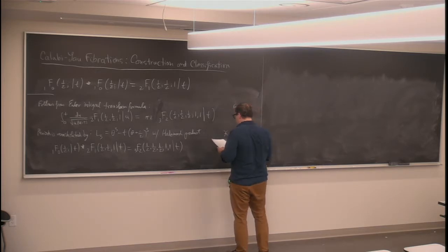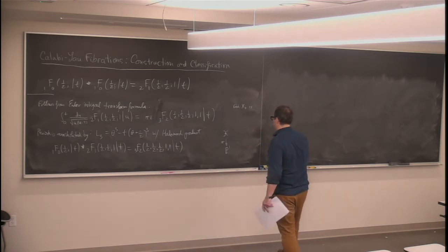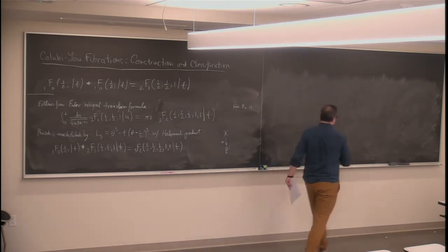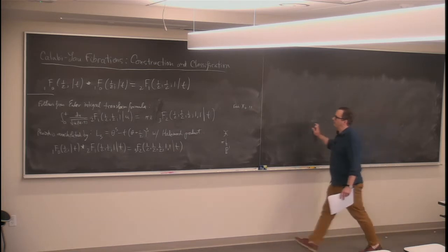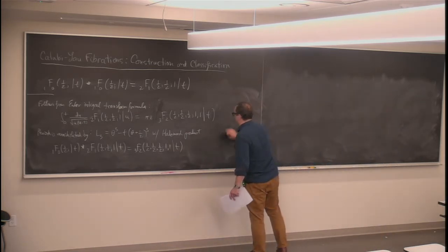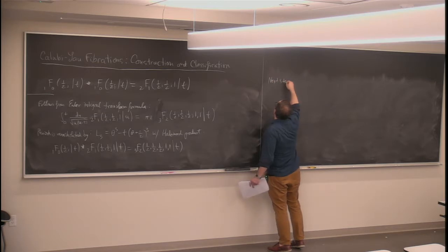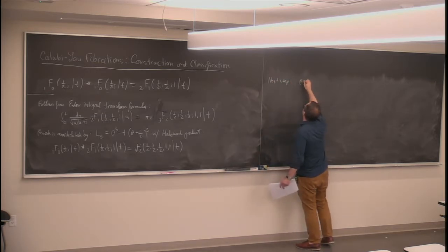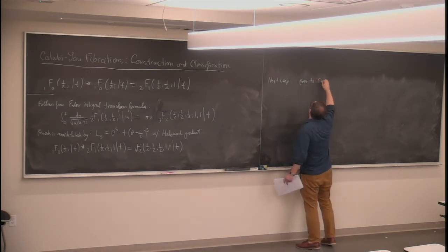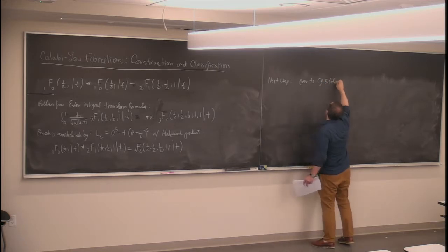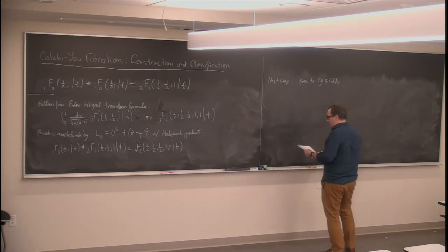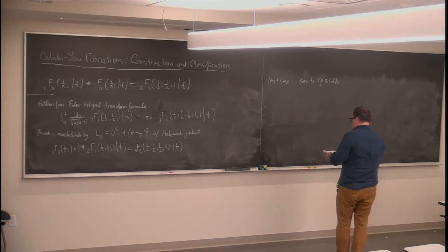Okay, and each X_t is okay. So what do we want to do? Okay, that's what I want to do. So next step, pass to Calabi-Yau threefolds. Okay.